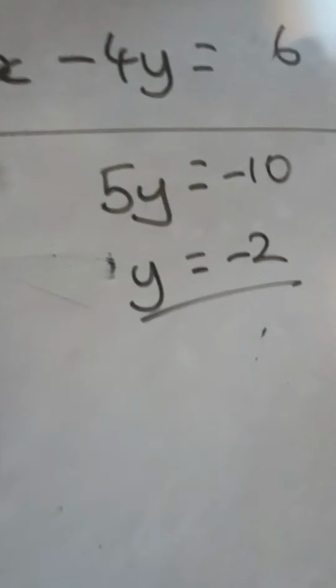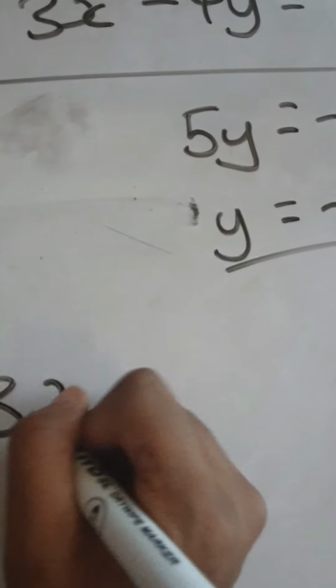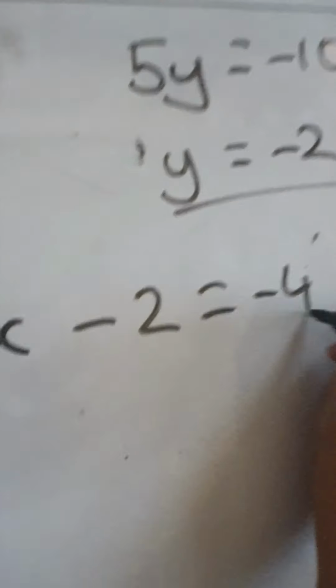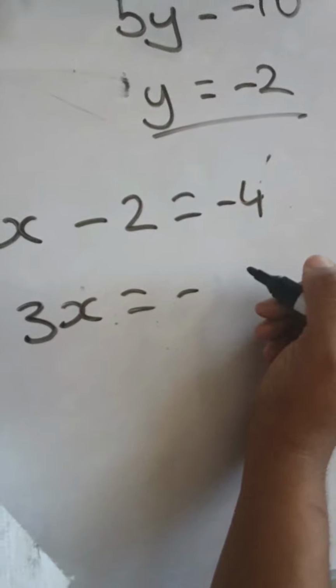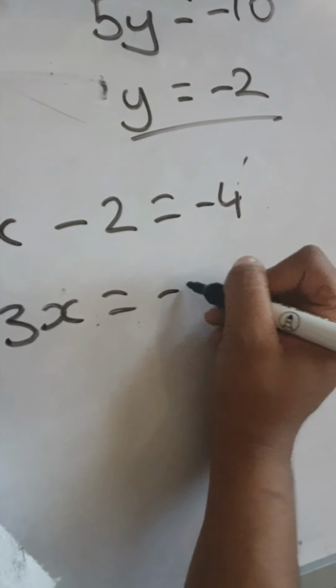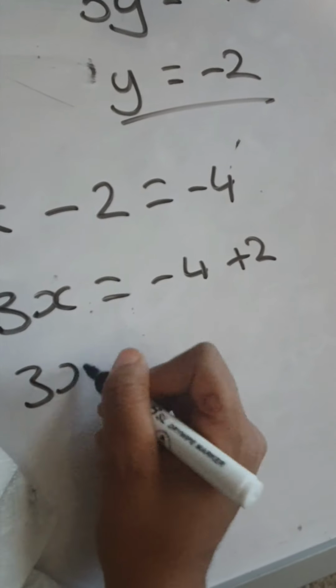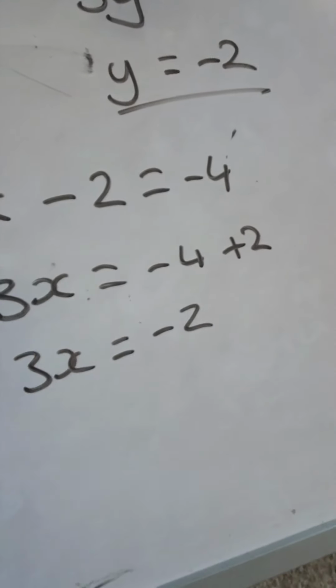Easy. Now that I know y is minus 2, I can put that back into my first equation. So 3x minus 2 equals minus 4. 3x equals minus 4 plus 2. And then that means 3x equals minus 2.